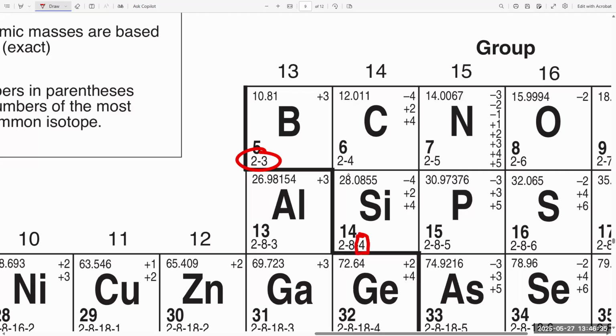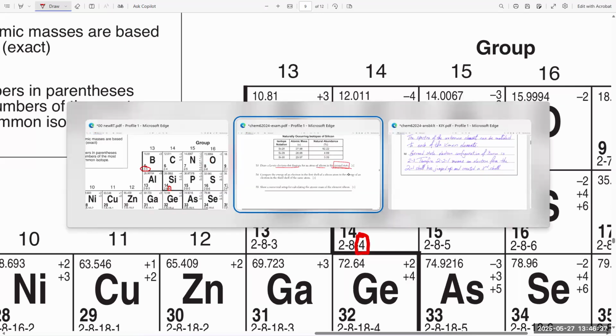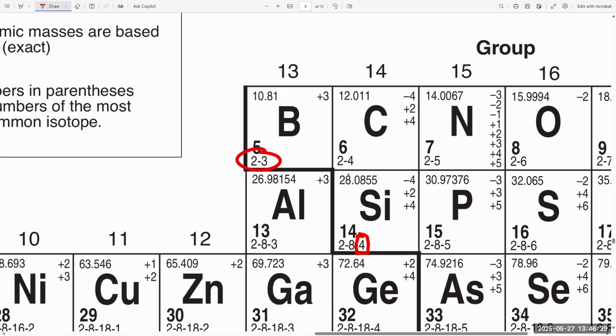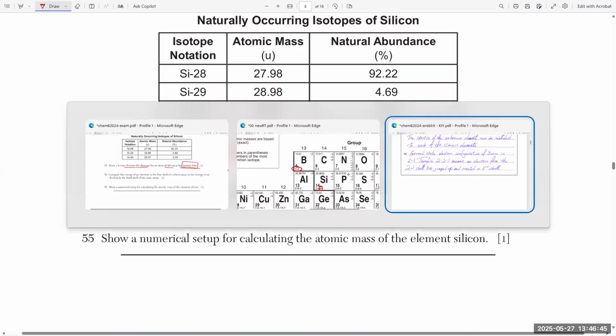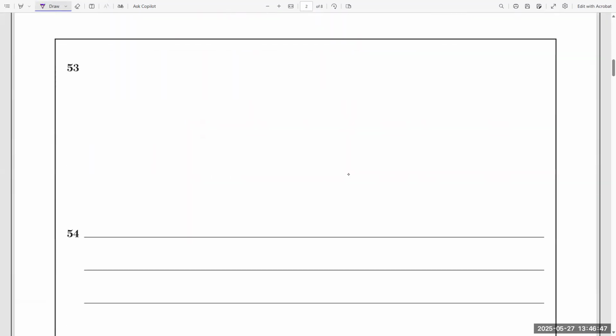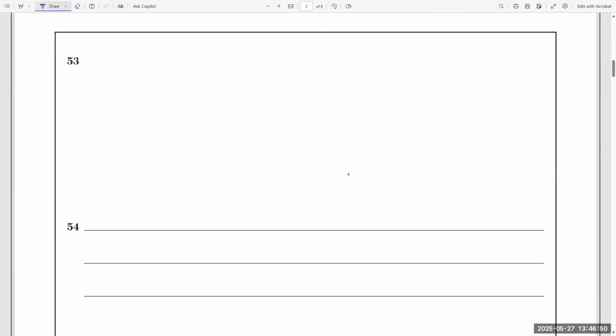And remember, a Lewis diagram shows the number of valence electrons, right? Not only that, silicon is in the same family as carbon, and you know what carbon looks like, right? So over here, you're going to draw silicon, and silicon has 4 valence electrons, so you're going to draw Si with 4 electrons. Now, the proper way to do it would be the first 2 electrons are always paired together, and then the next 2 are like so.